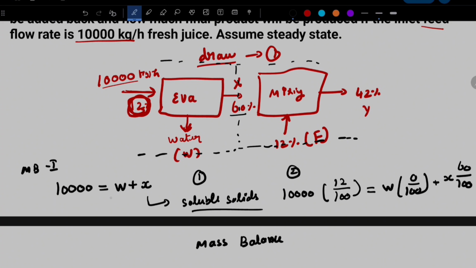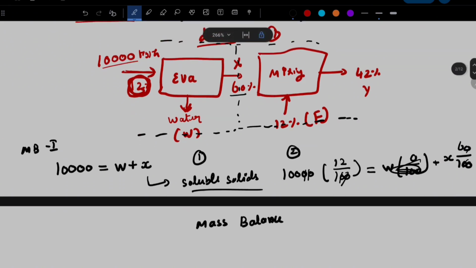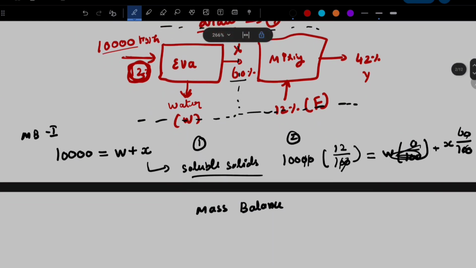So this is what I'll get in the first equation: 10,000 is equal to W plus X. In the other one, this whole thing will be cancelled, and I'll get 1200 is equal to X into 6 by 10.